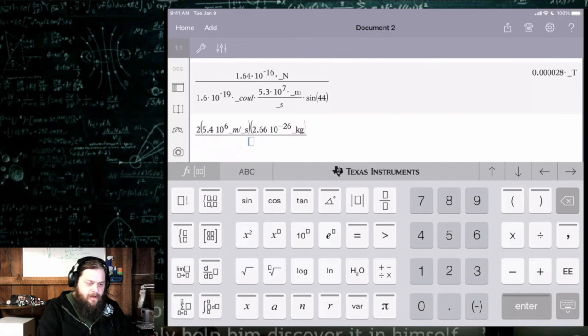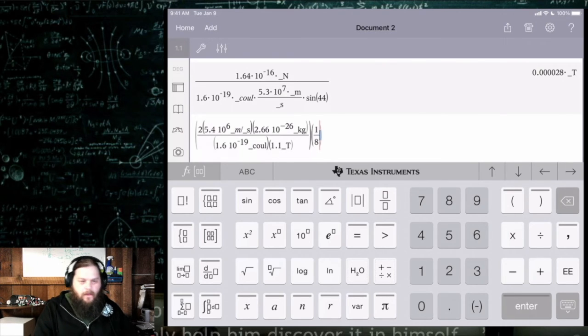We're going to divide everything by 1.6 times 10 to the negative 19 coulombs, and multiply by 1.1 Teslas. And then we're going to multiply all of that times 1 over 8. So again, that's 18 minus 16, which is 2, divided by 16, which simplifies to 1 over 8.